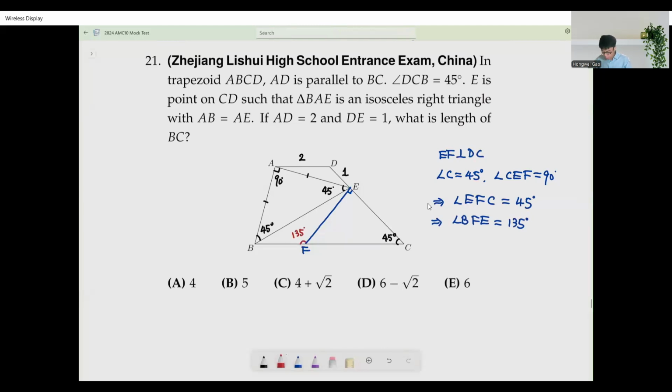Also, because we have AD parallel to BC, and the angle C is 45 degrees, this implies angle D is 135 degrees. So it's 180 minus 45, 135 degrees.